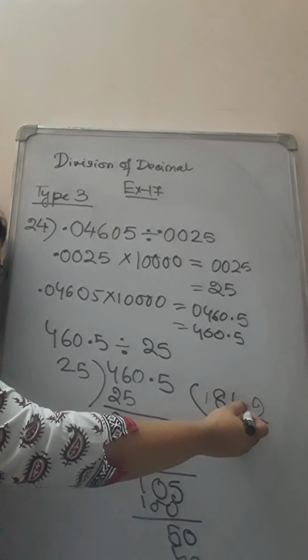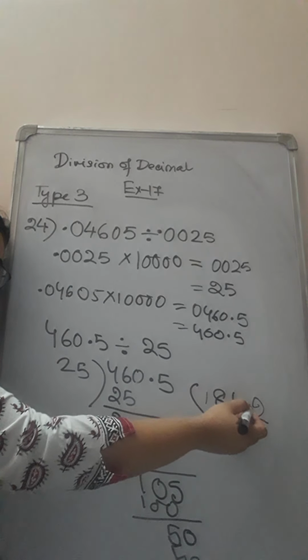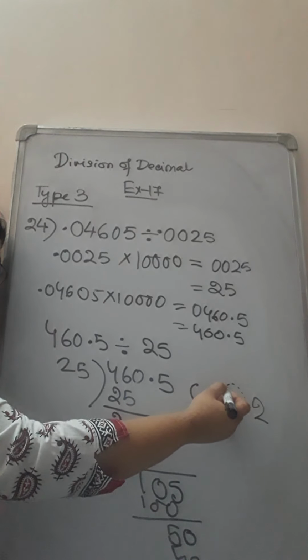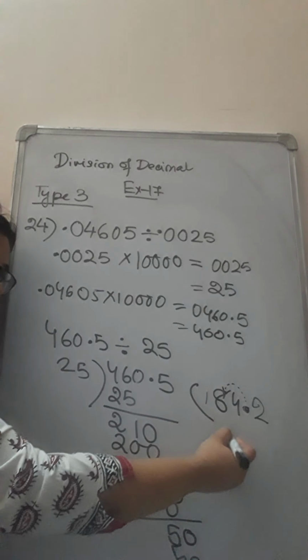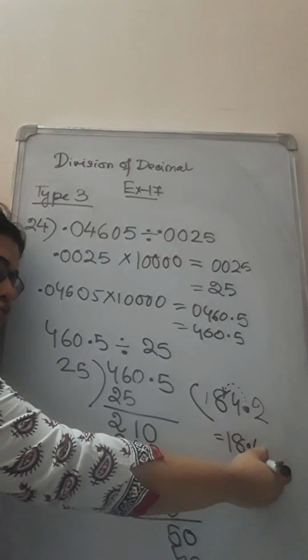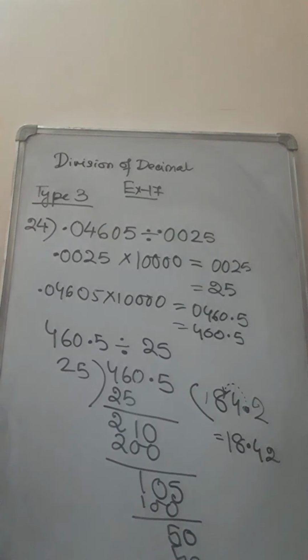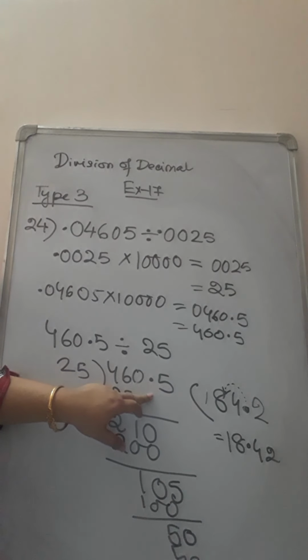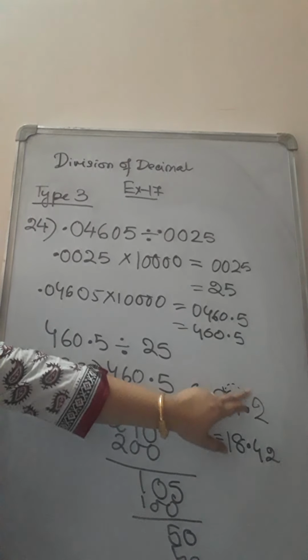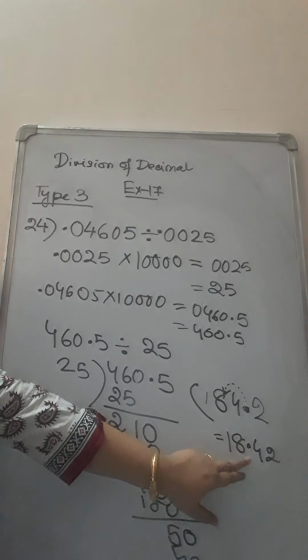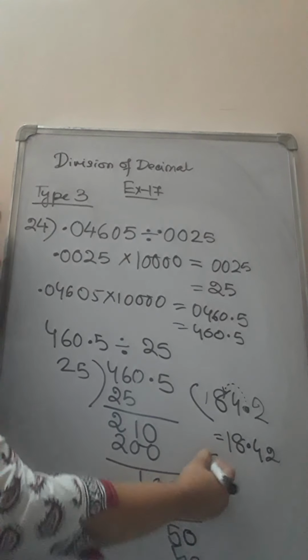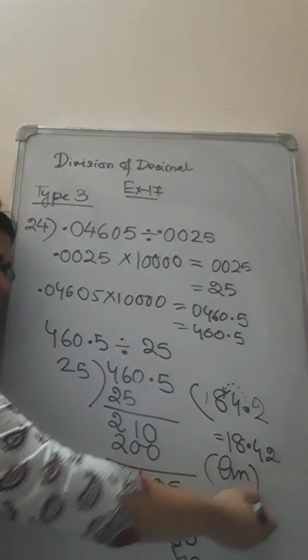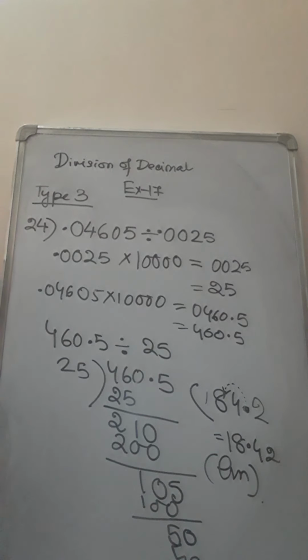The point shifts again before one number, so it becomes 18.42. 184.2 is coming when I am solving the division, but when I consider the point in the number, I have to shift the point one place again. So 18.42 is the answer of the sum. Practice this exercise at home.